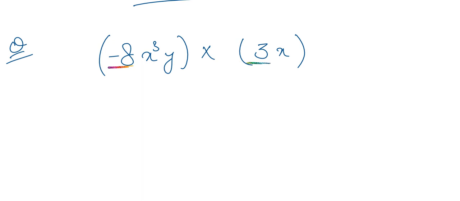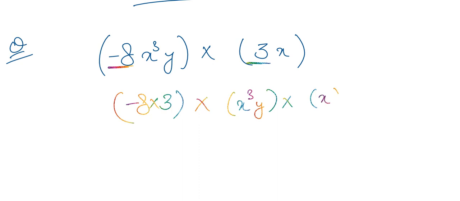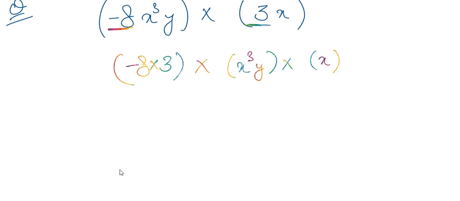You would be having minus 8 into 3. Multiply the rest of the variables as given. You're having something like this. This step is clear? So minus 8 times 3 is what? Yeah, minus 24.